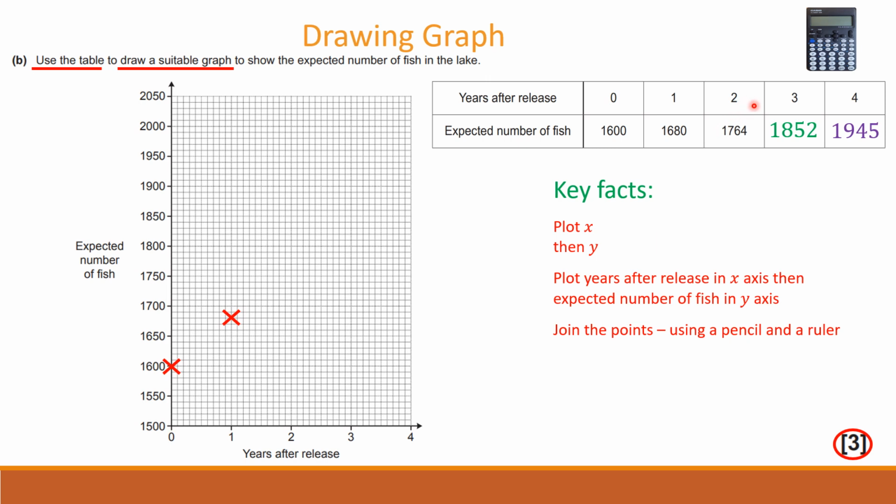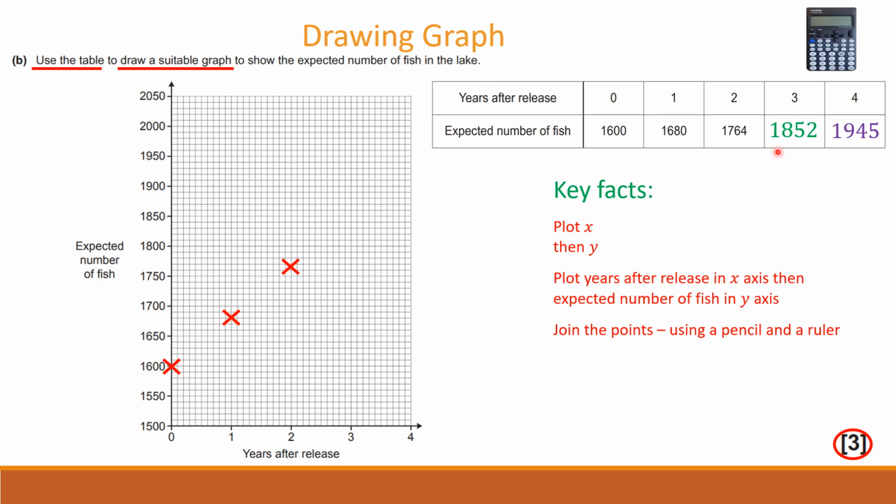The next one we've got 2, and then we've got 1,764. So we go across 2, and then 1,764 is slightly harder to plot because we know 1,760 is going to be 1 line above. 64 is just going to be just slightly under half a square, so that's slightly harder to plot there.